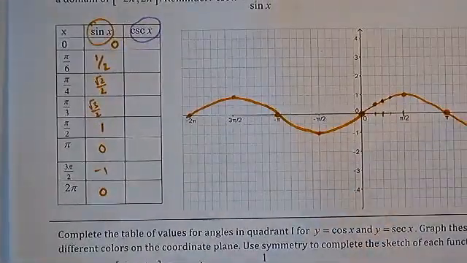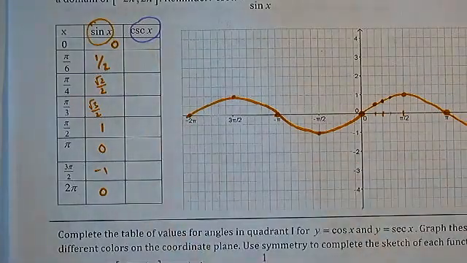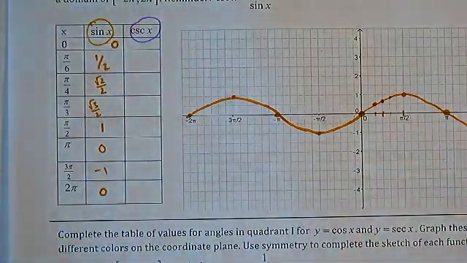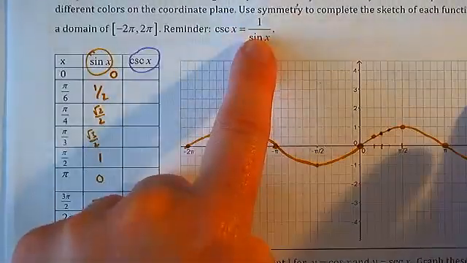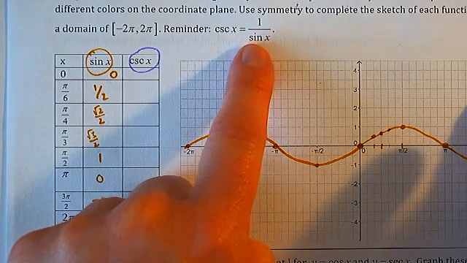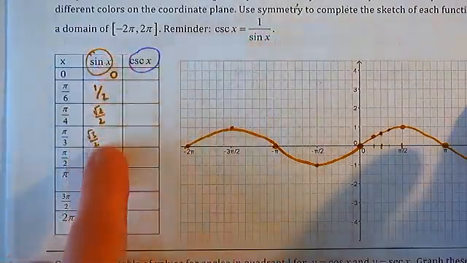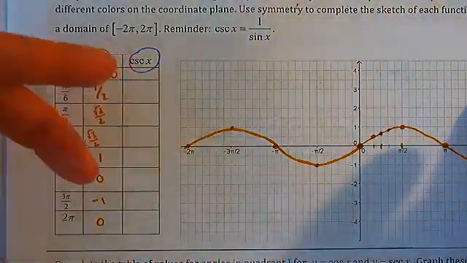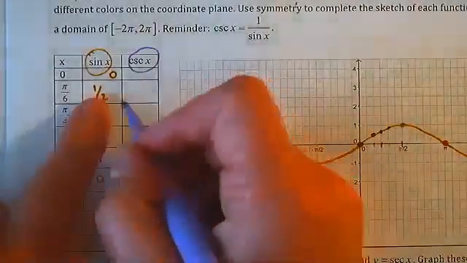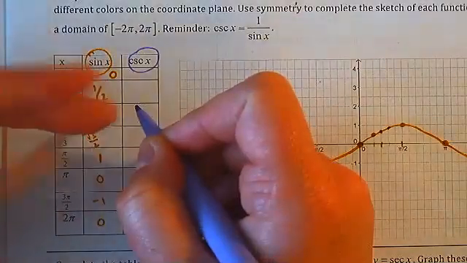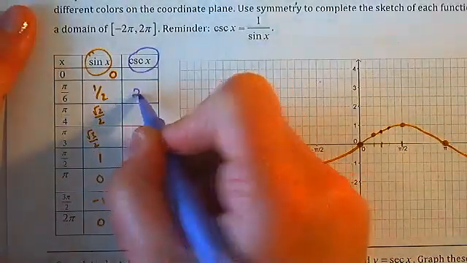Now let's think about this. How are we going to find cosecant? Again, we know that cosecant is the reciprocal of sine. So all we have to do, as long as these are fractions, is flip it, and that's the reciprocal. For example, 1/2 is already a fraction, so if we flip that, we get 2 over 1, which is just 2.